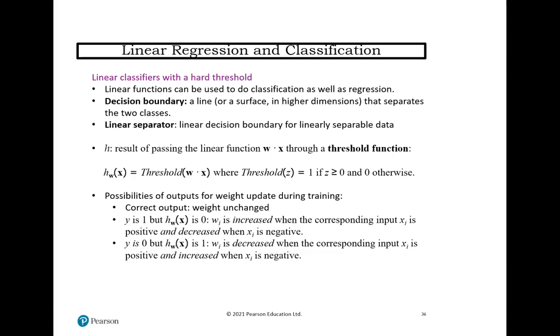In that case, my loss function has to be changed a little bit, because I don't really care how far my prediction h of x is from the true value y.